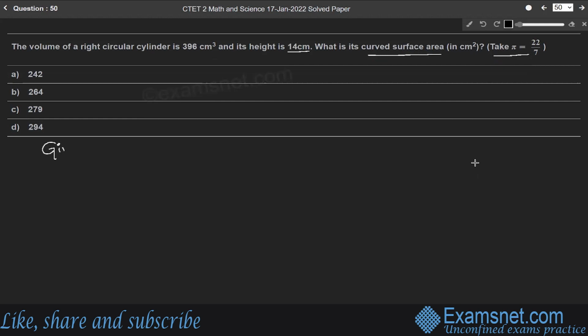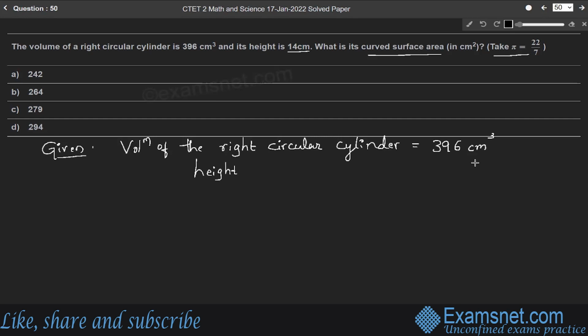Given volume of the right circular cylinder is 396 centimeter cube and height of the cylinder is 14 centimeter. So we have to find the curved surface area.